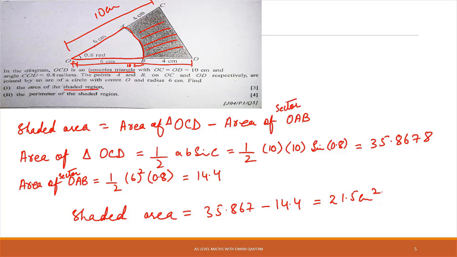Now in the next part we have to find the perimeter of the shaded region. So if we have to find the perimeter of this shaded region, this part is important.